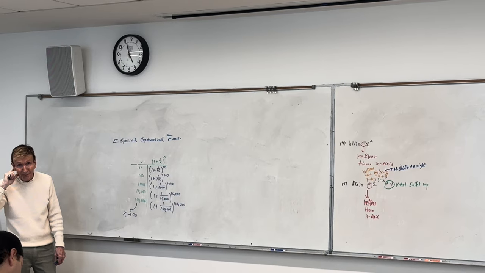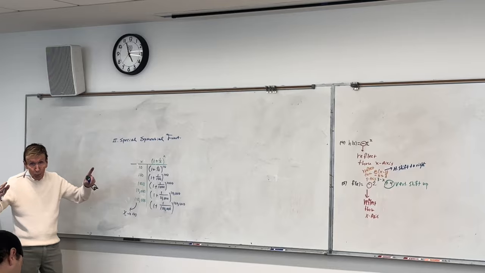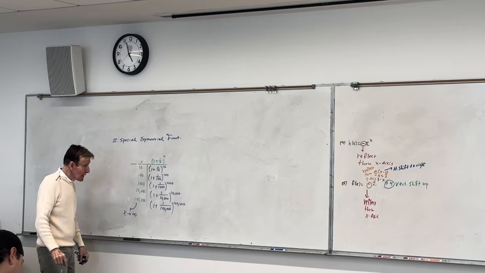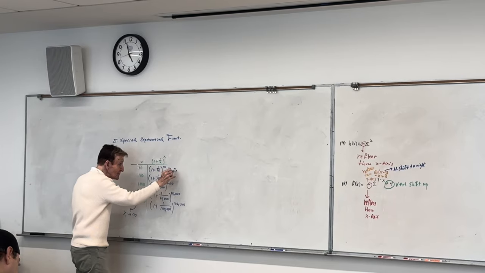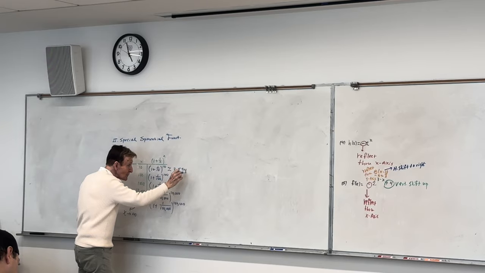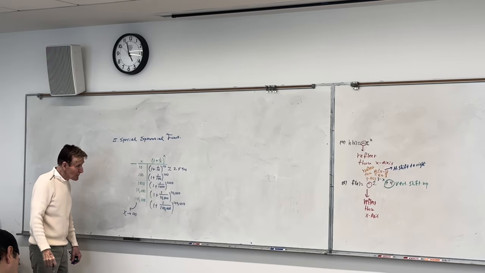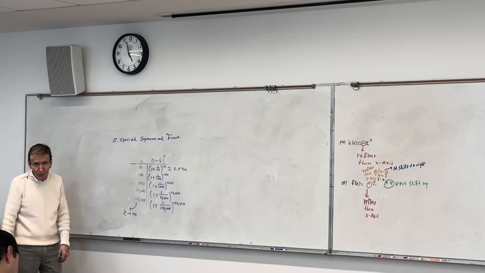Now he's going to do it for me. Mr. Park, can you do the first one? 1 plus 1/10, you call that 1.1 if you wish, raised to the 10th, what is that close to? 2.594. How about 1 plus 1 over 100, raised to the 100?